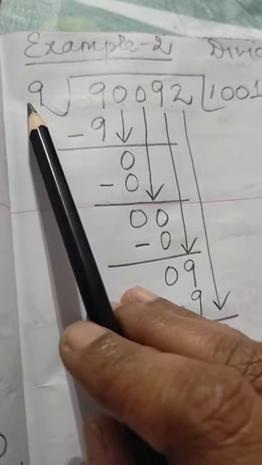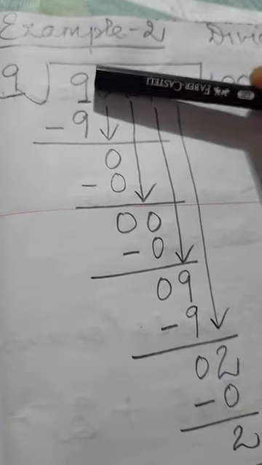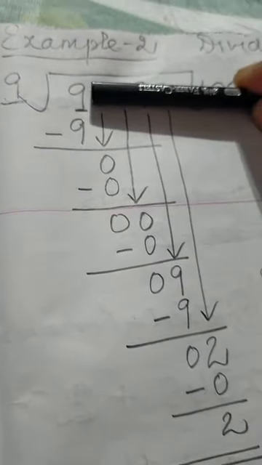This we will write inside because this is the dividend and 9 is the divisor. Firstly, we take one digit from here, only 9. Firstly we will divide only 9. You can see in the table of 9, 9 ones are 9. So we will write 9 ones are 9. 9 minus 9, 0 will be there. We will ignore this 0. We will take the next 0 down.